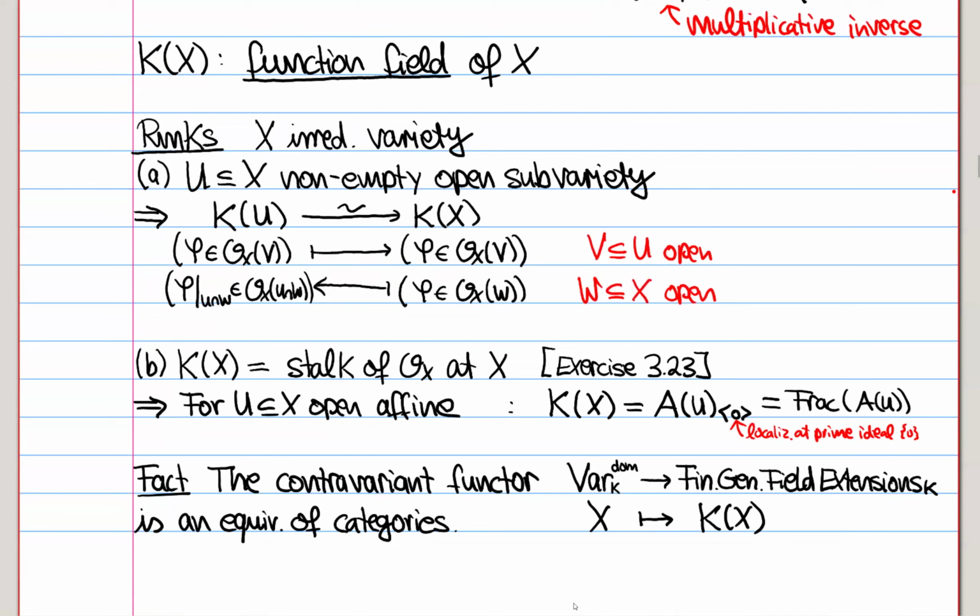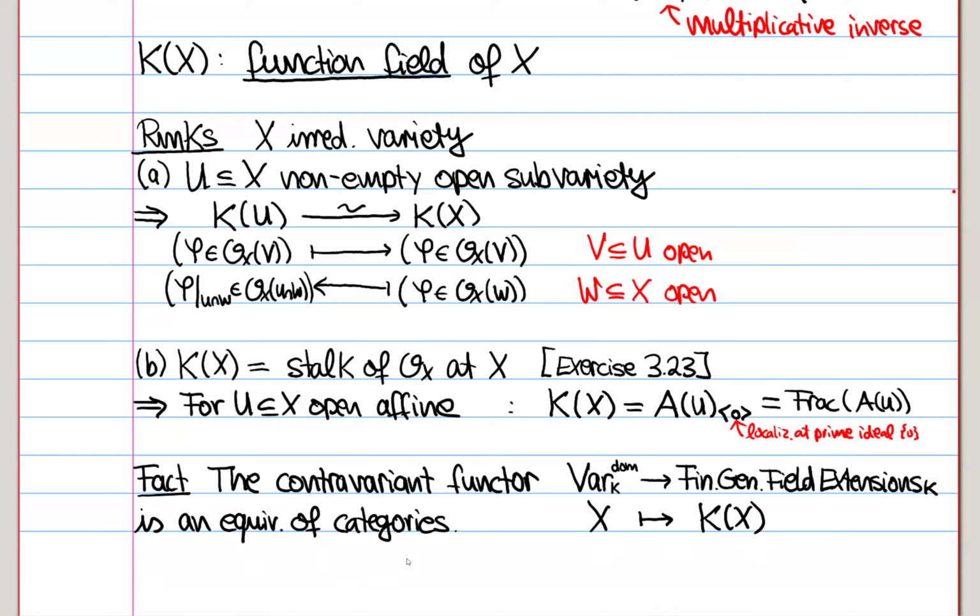So more precisely, I'm saying that there is a functor which starts from the category of irreducible varieties with dominant morphisms and goes to the category of finitely generated field extensions over K. And it takes the variety X and sends it to its function field. And so the claim is that this is an equivalence of categories.